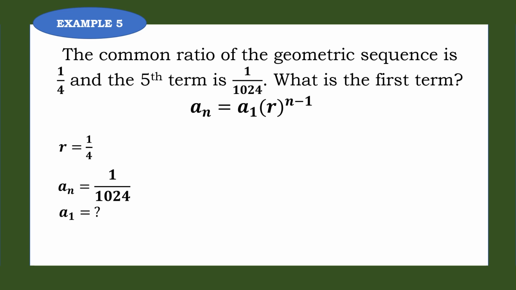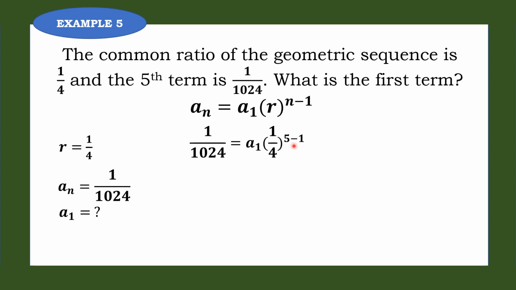For the solution, we simply substitute the given values to the formula. It gives us 1 over 1024 equals a sub 1, which is missing, times 1/4 raised to 5 minus 1. Since 1 over 1024 is the fifth term, the value of n here is 5.